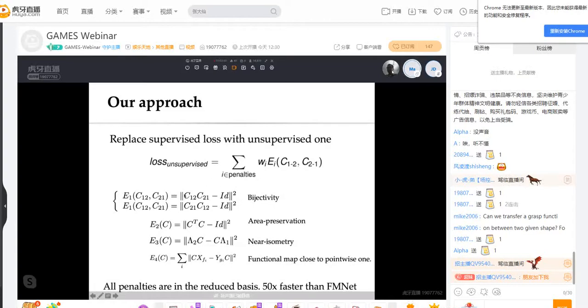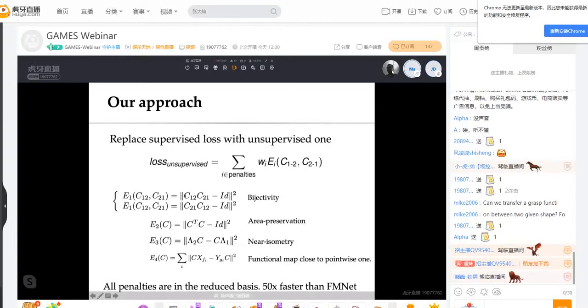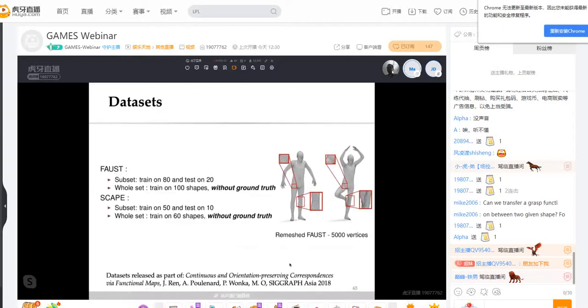So if a functional map is of size 80 by 80, all of these matrices are 80 by 80. We never have to compute anything that's a large, dense matrix. They're all expressed in this reduced basis. And what this means is that the final optimization is about 50 times faster than the FMNet learning procedure.